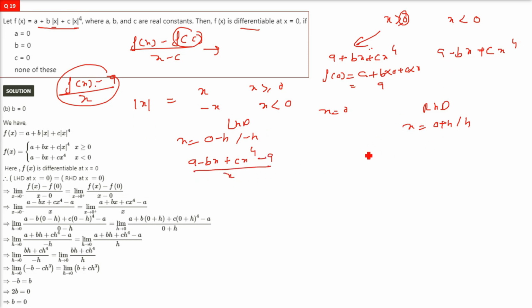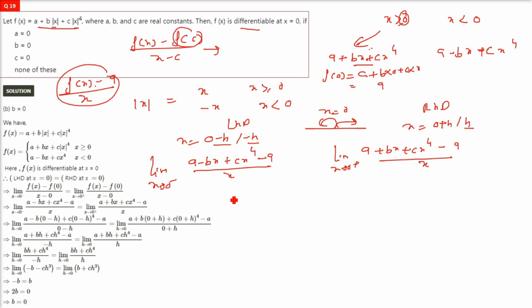On the right, you have to use (a plus bx plus cx^4) and subtraction of a, divided by x. But now I will put x as negative h on the left and positive h on the right. So limit x tends to 0 minus here, limit x tends to 0 plus here. This is only showing where we are going, on the left or the right. And then we have to equate them, so just put the equality in between these two, because this function is differentiable at x equal to 0.